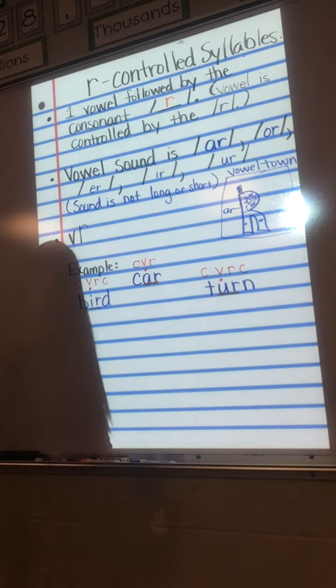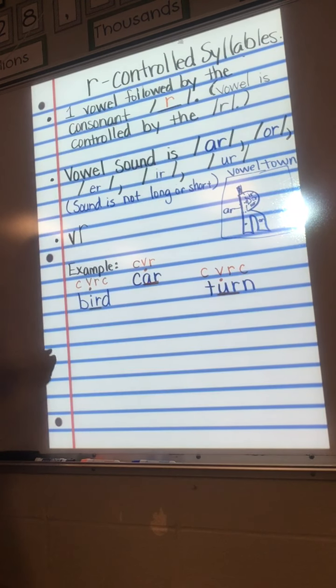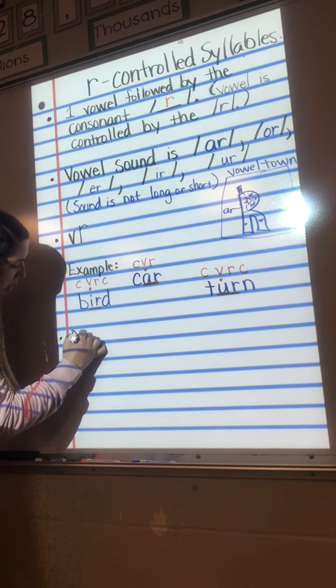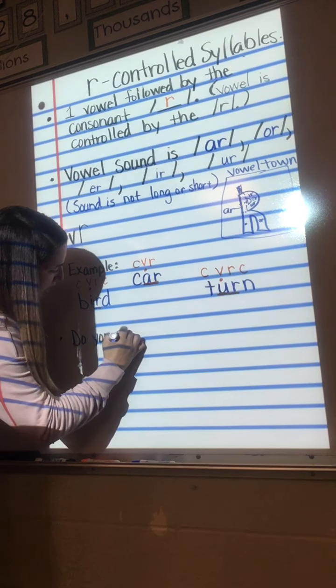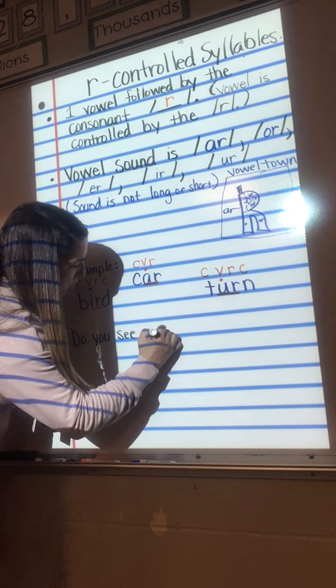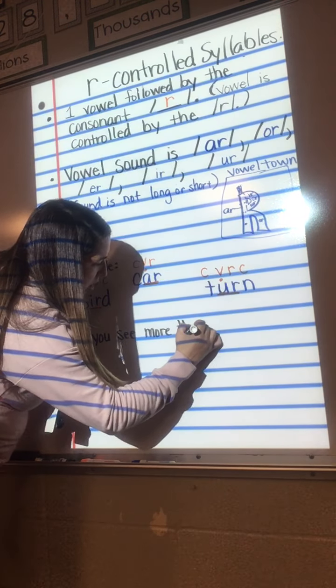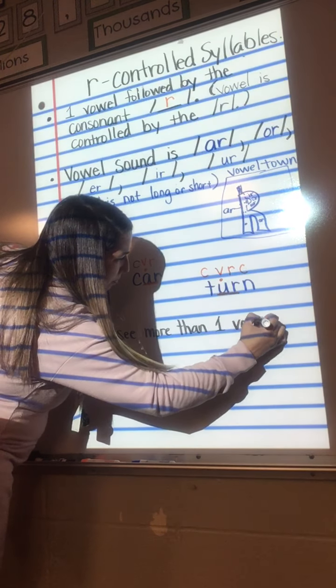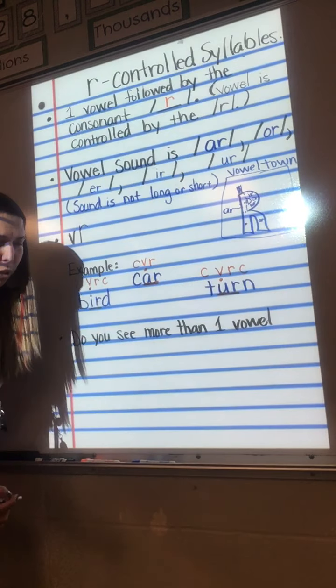All right, so we're going to get our notes ready, and it says, do you see more than one vowel? We do hear that a lot, don't we?